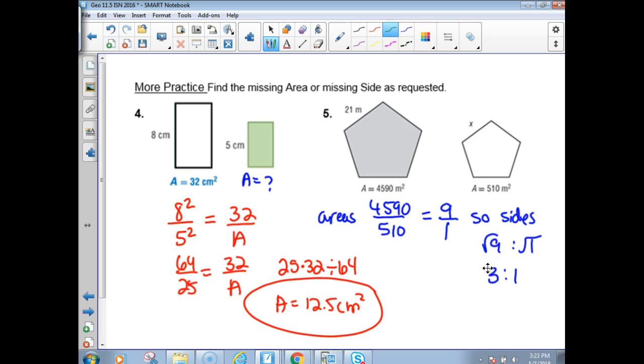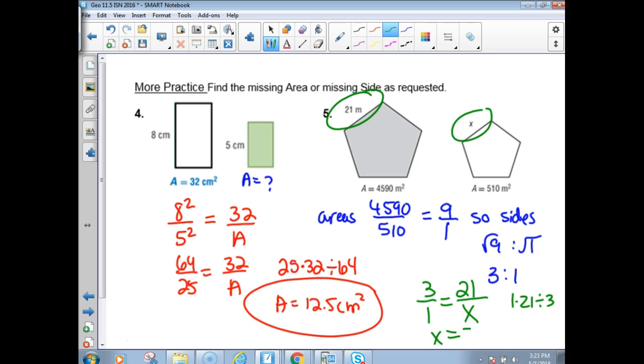All right, now you've got the side ratio. You take that, 3 over 1 equals, I got to compare 21 to x, so I need 21 on top, x on the bottom, because it was large to small in the order I set up my proportion. Cross multiply and divide. 1 times 21 divided by 3.